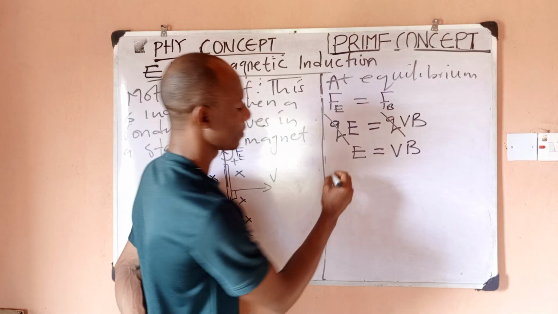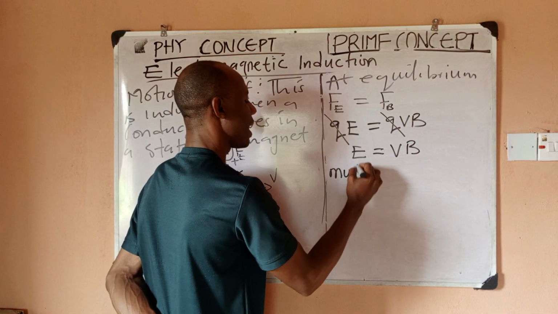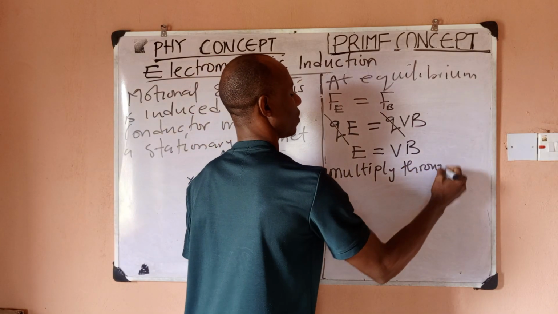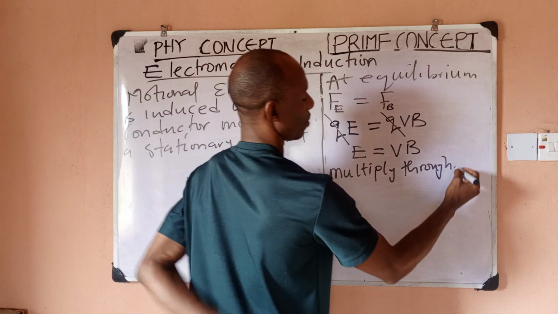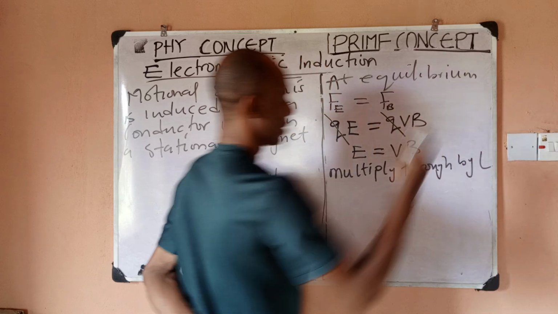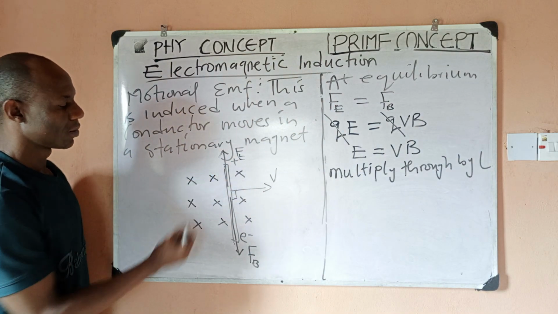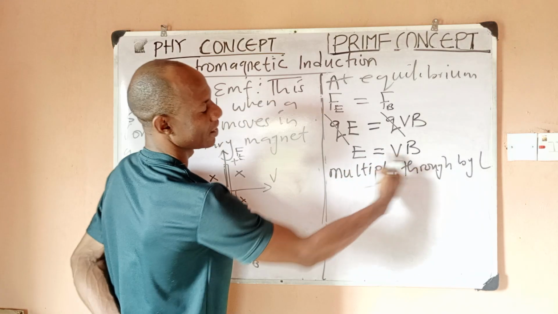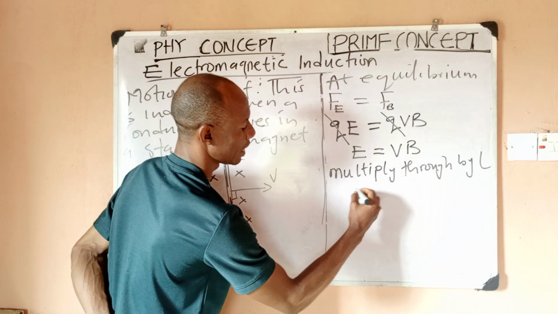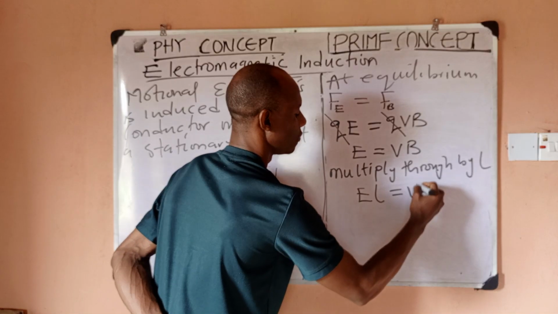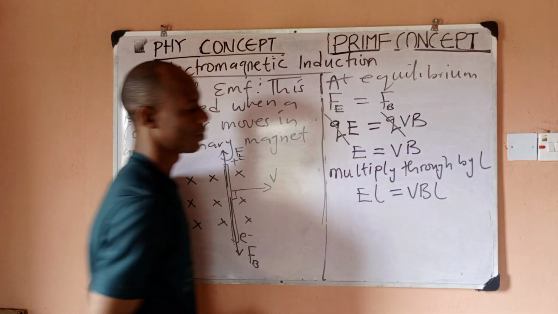Now, very quickly, if I multiply through this equation by L, the length of this conductor, I would have EL equal to VBL, right?